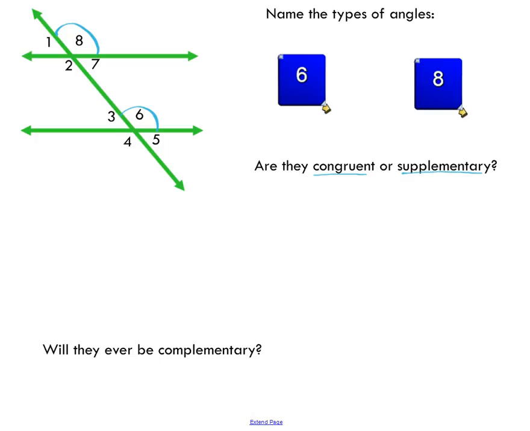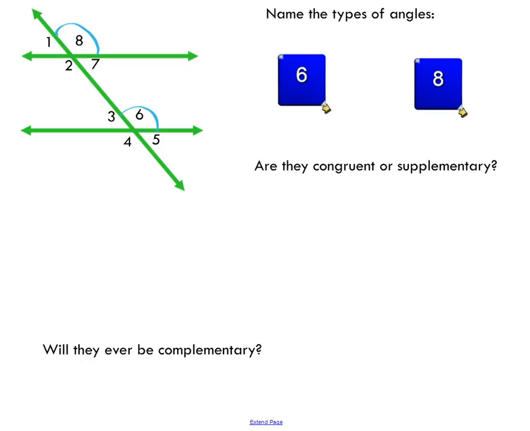Anytime you cut a transversal through, one side is going to be less than 90, one side is going to be more than 90. So 8 and 6 are congruent because they're the same size, and they're corresponding angles. You'd say 6 and 8 are congruent because they are corresponding.